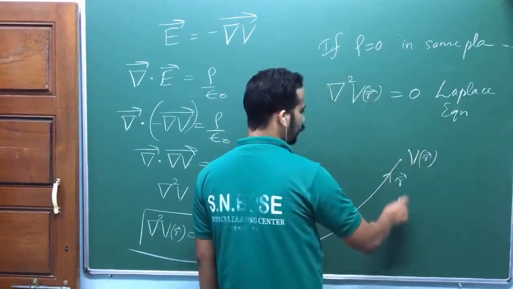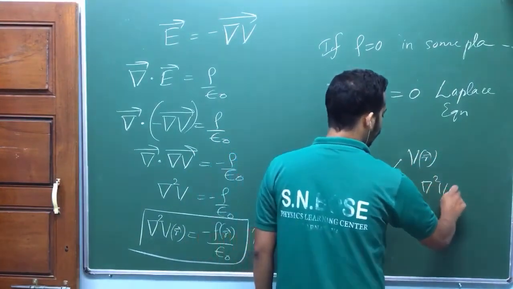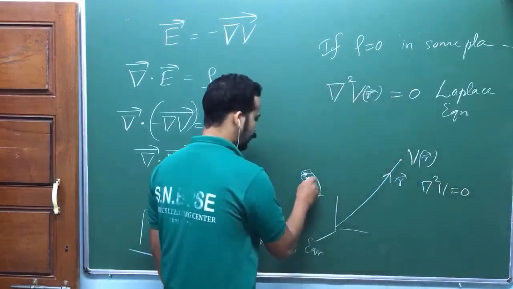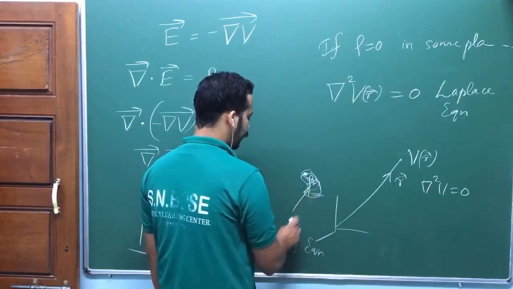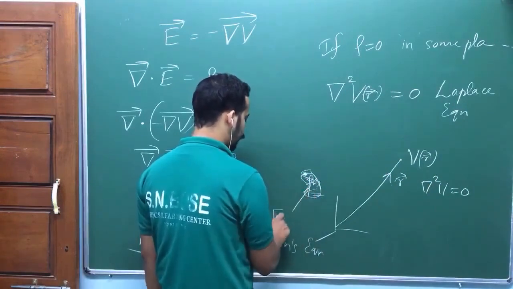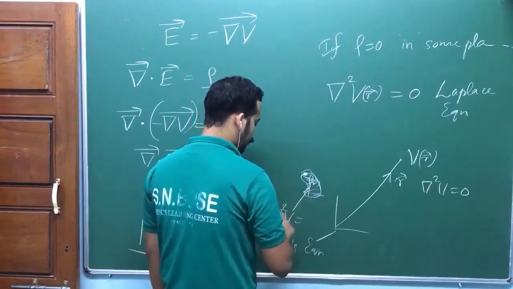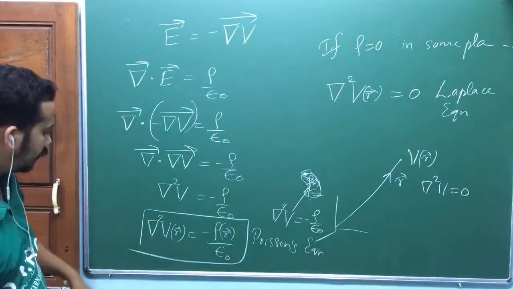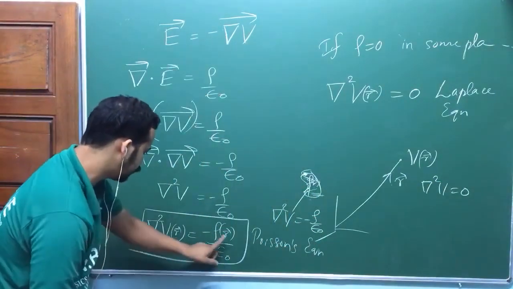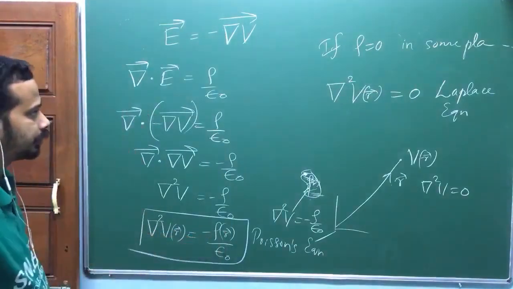So if you find the potential here, del square V is equal to 0. Suppose here you have rho of r. At that point, if you find the potential and the Laplacian, the Laplacian is equal to minus rho by epsilon naught. That's what I'm saying, these are one-to-one correspondent.